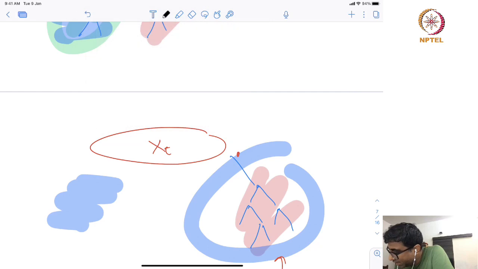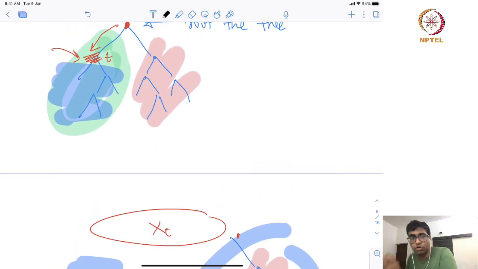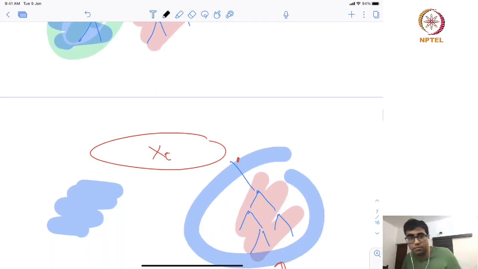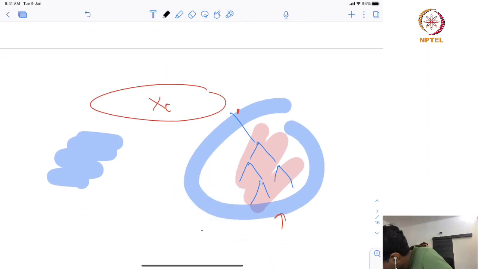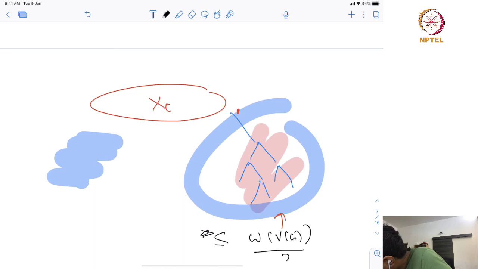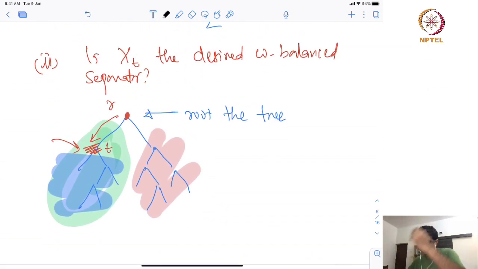Because this had a connected component whose weight was larger, any connected component that we are going to get here has a property that its weight is at most the total weight divided by 2. Right? So this is great.